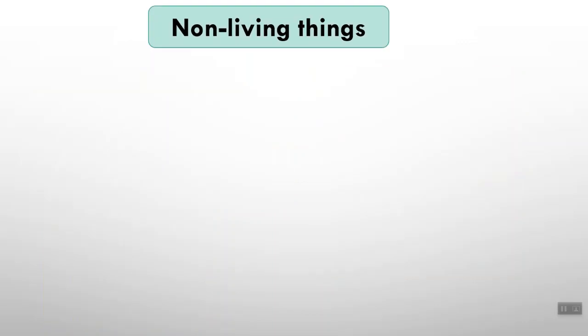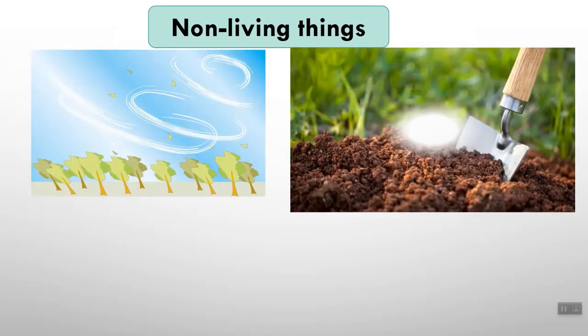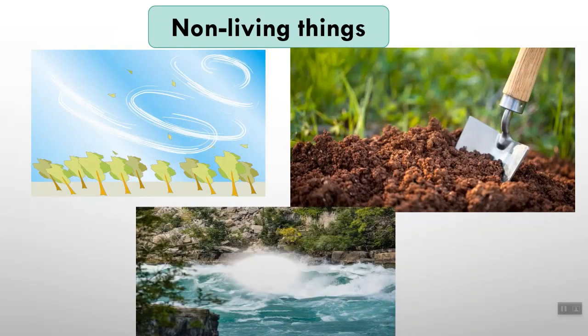And also non-living things such as air, soil and water. So in the components of the ecosystem, we can find living organisms and non-living things.